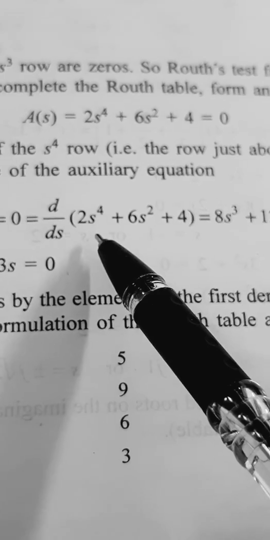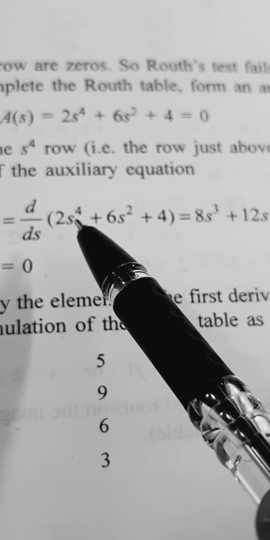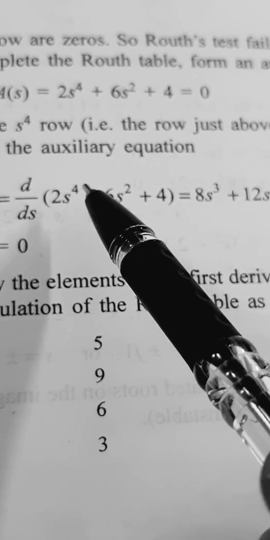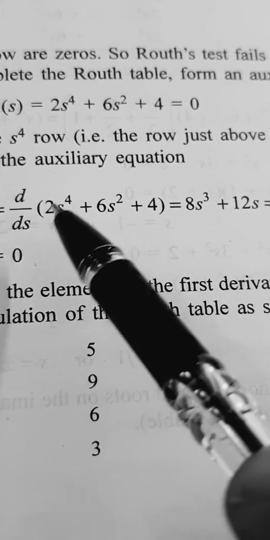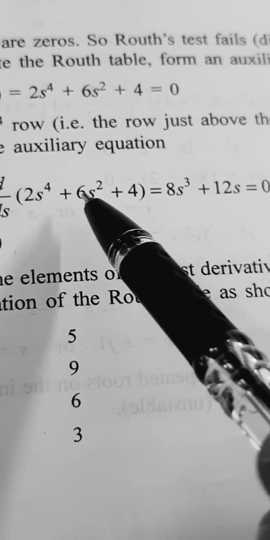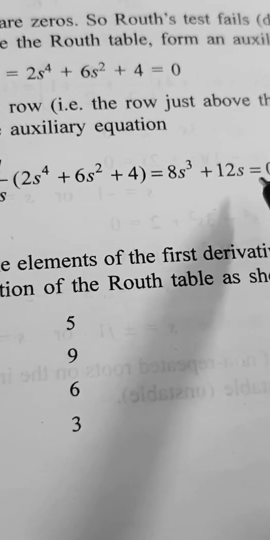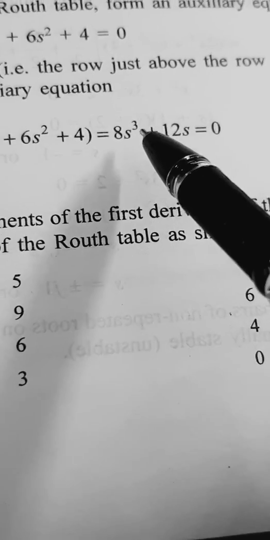When you are differentiating, 2s raised to 4 with respect to s, you will get 4 into 2, 8 into s raised to 3. Here you are getting 2 into 6, 12 into s, and 4 if you are differentiating, you are getting 0. So you are getting 8s raised to 3 plus 12s is equal to 0.